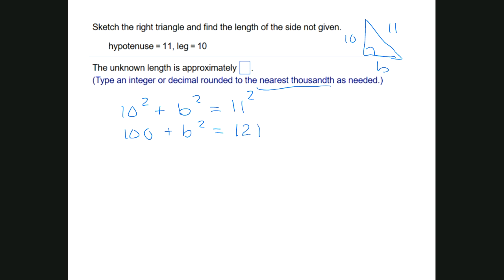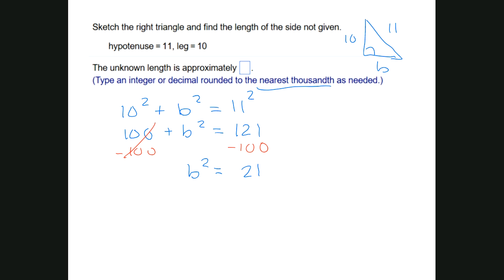Again, we need our b squared by itself. So I will subtract 100 from both sides of our equation to isolate b squared. I am now left with b squared is equal to 21. 121 minus 100 is 21.